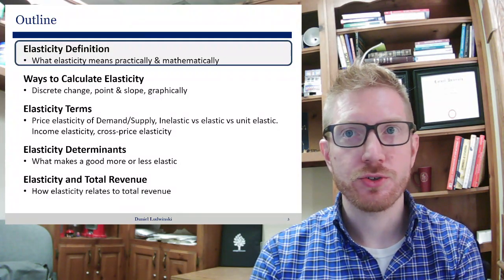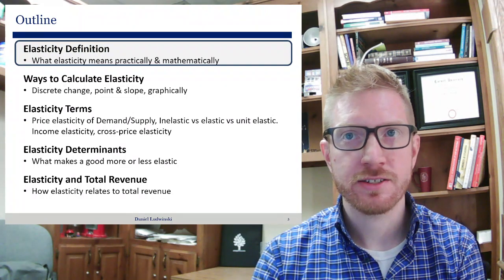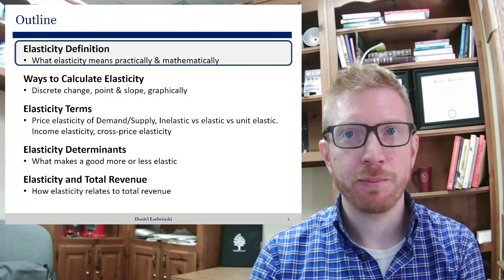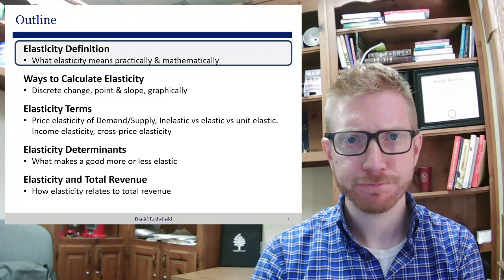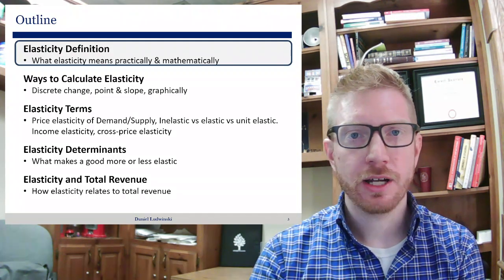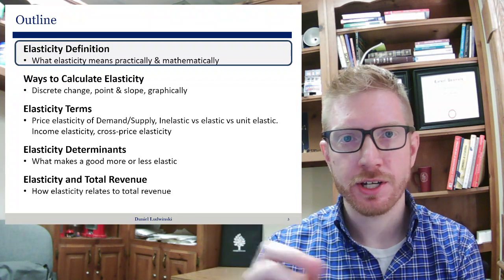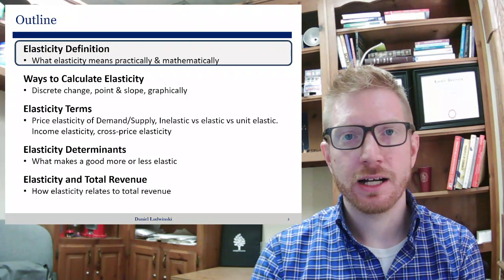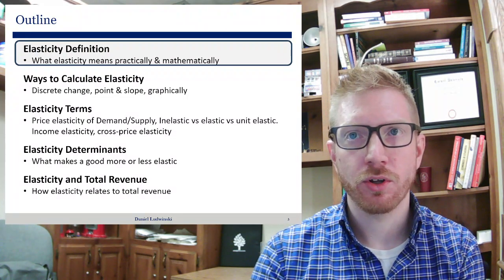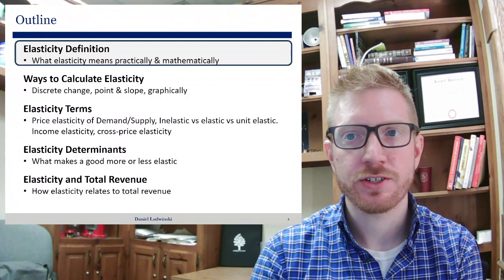I'll then introduce different terms around elasticity and what they mean before moving into a mini lecture on the determinants in terms of what makes a particular good or category of goods more or less elastic. And then finally, we'll close with talking about how it relates to total revenue.